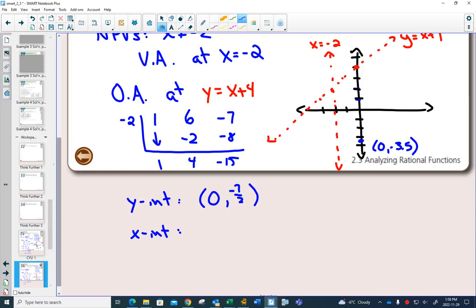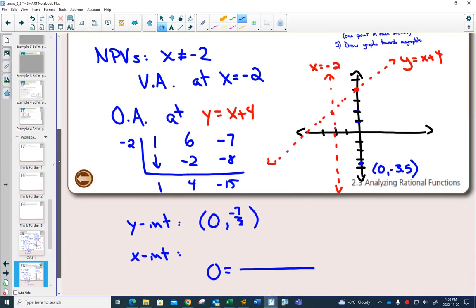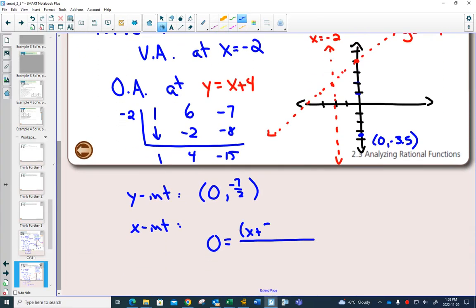Okay. X-intercept, you would plug in 0 for y. If I plug in 0 for y, and I look at my factored equation, I had x plus 7, x minus 1 over x plus 2. Algebraically, you should be able to just write them out. There's going to be 2 of them.